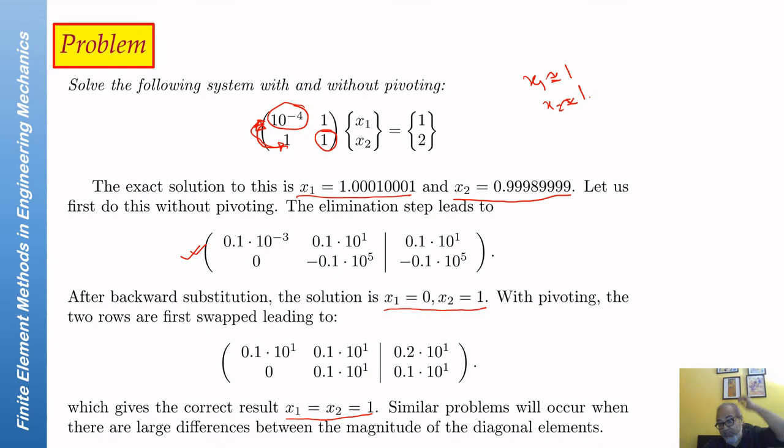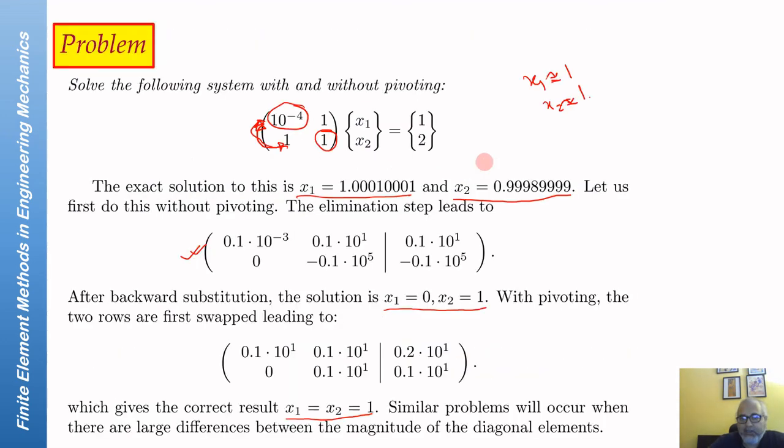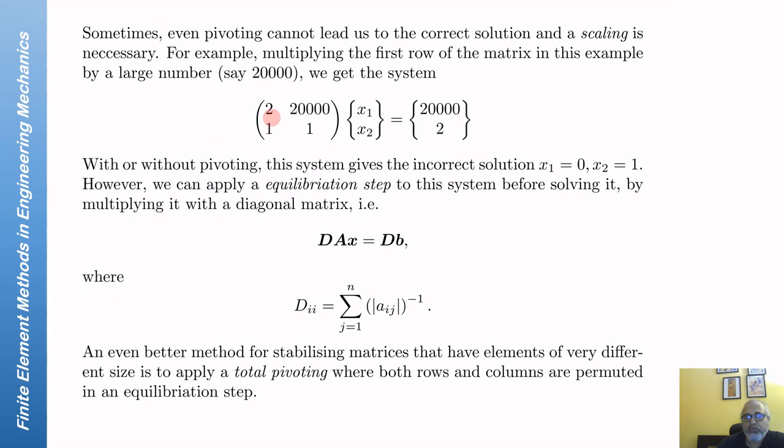Sometimes the problem cannot be solved with pivoting either. For example, suppose you take the last system and you multiply this by a large number. Say you multiply it by 2 into 10 to the power 4, in which case you get 2 into 10 to the power 4 minus 10 to the power 4, and you get 20,000 here.